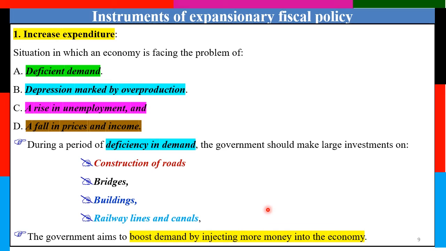In order to overcome this deficiency of demand, the government may increase or inject money into the economy. At that time, the money is increasing. That means income is increasing. The demand is also increasing. Every economy starts to recover itself.